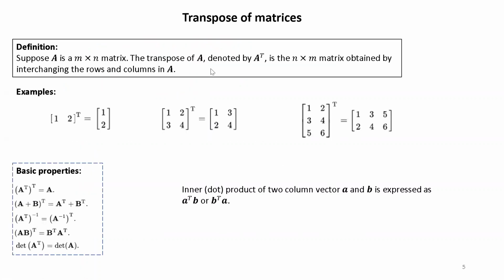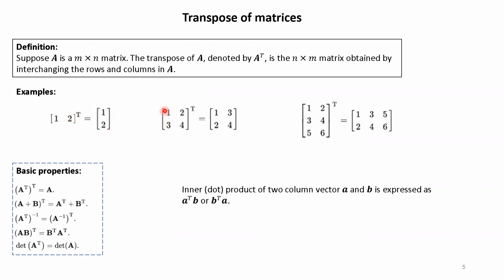Just a couple more examples. Whenever you have a matrix, I don't care what dimension it has. It can be as simple as a 1 by 2 matrix, and taking the transpose becomes this one, and if you take the transpose back, it becomes this one.